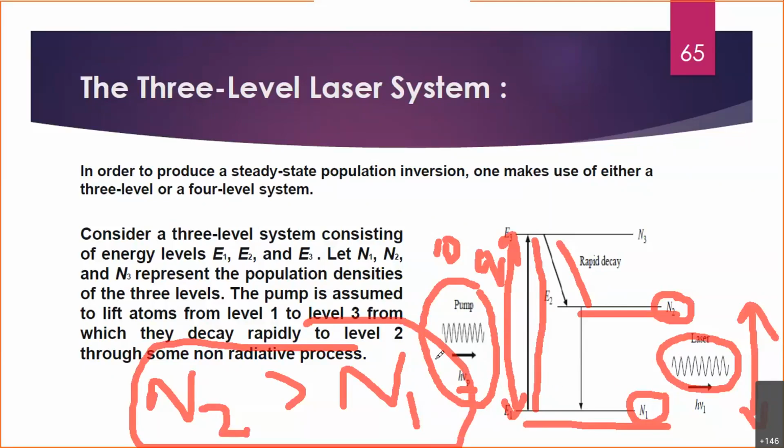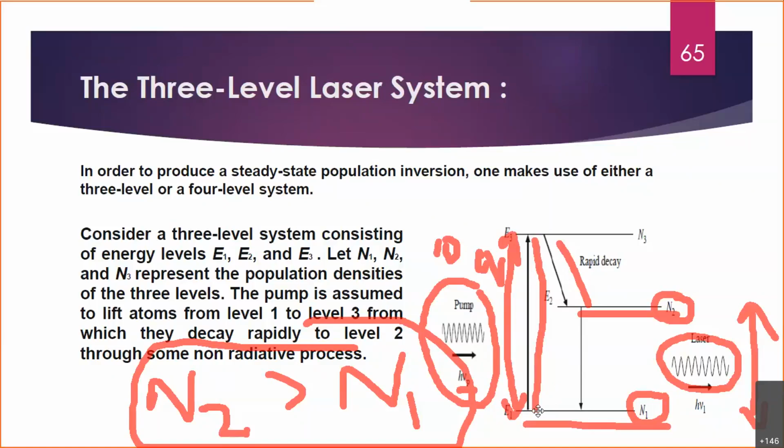Sir, here rapid means a jump from third to second level, right? Yes, third to second. The particles are more in the third level, they will directly jump to second and ultimately to first. In the starting procedure, you are supplying very high energy, so that all can reach the upper level first.